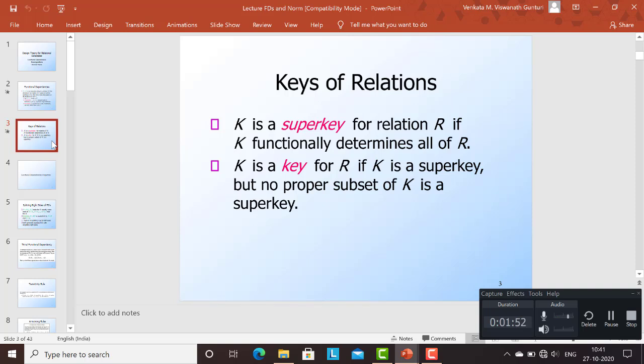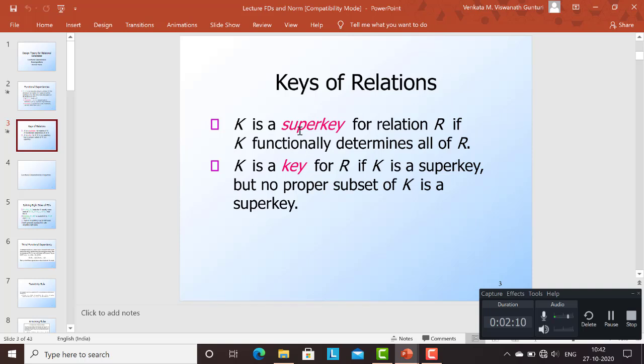I think we have covered these definitions of super key and key multiple times, but using functional dependencies, we can truly define what a super key and key are, right?